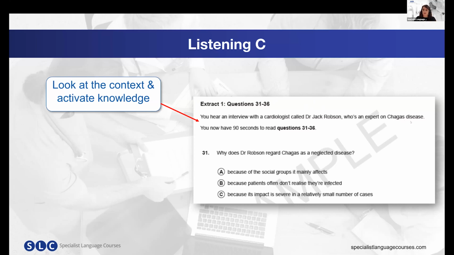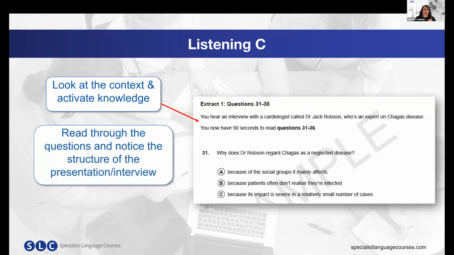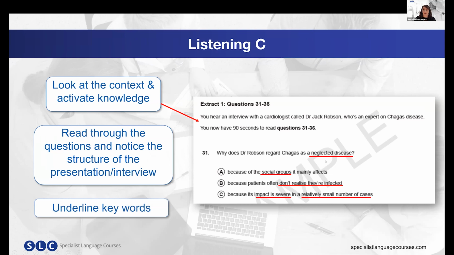And then we specifically see that he is an expert on Chagas disease. So then we activate our knowledge. Do I know anything about Chagas disease? Do I know about the symptoms, the treatment, where it occurs? So we start to activate our knowledge. We then read through the questions and notice the structure of the interview or the presentation, and then we underline some keywords.